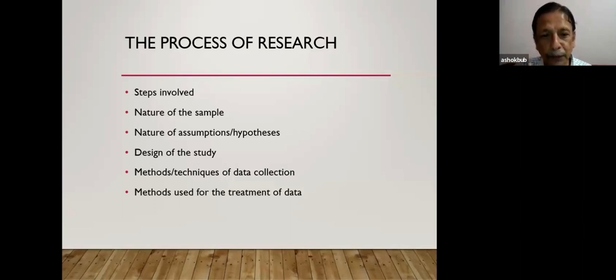Once we design the study, one of the important components of the design is the nature of the sample: what type of sample, what should be the size, and what should be the representation of the sample. So the relationship between the universe population and the sample, biases, and sample errors are the factors we need to look into before we start the research.